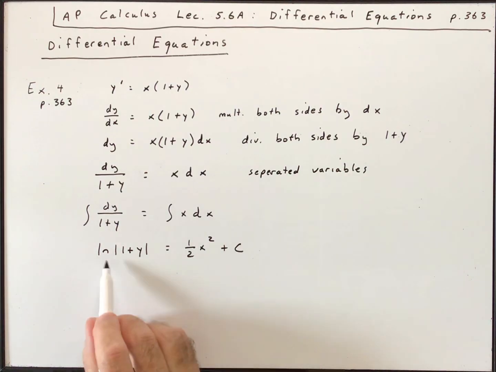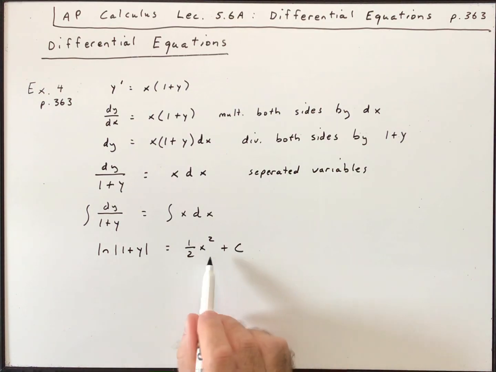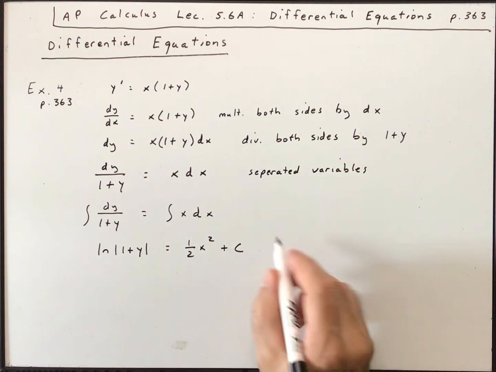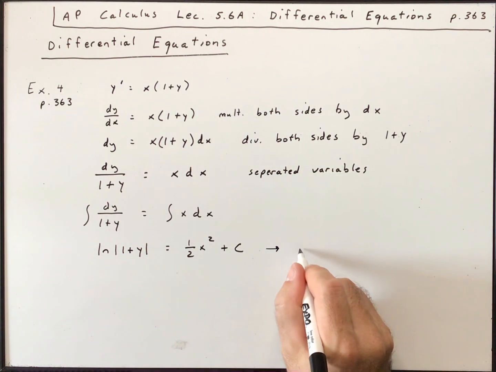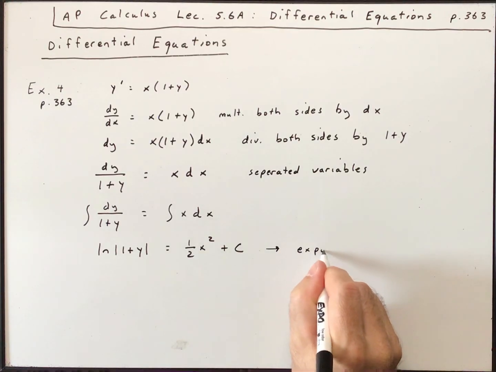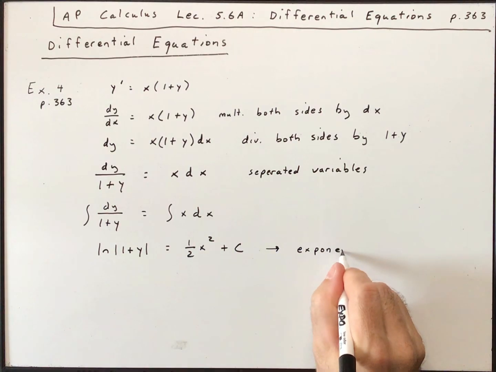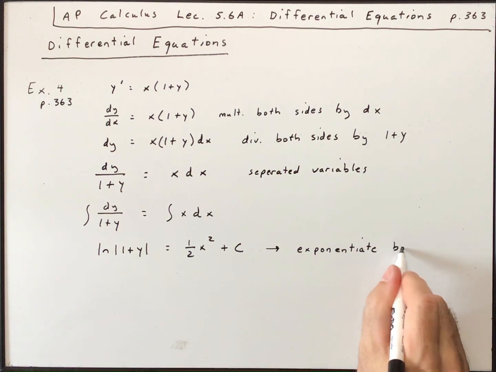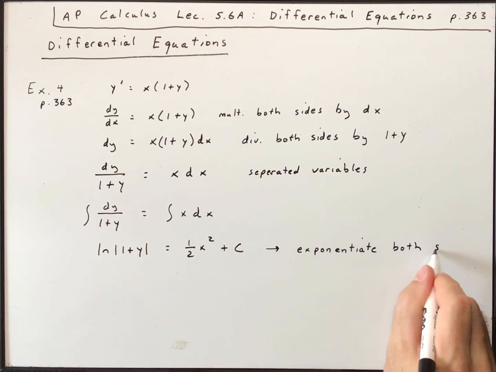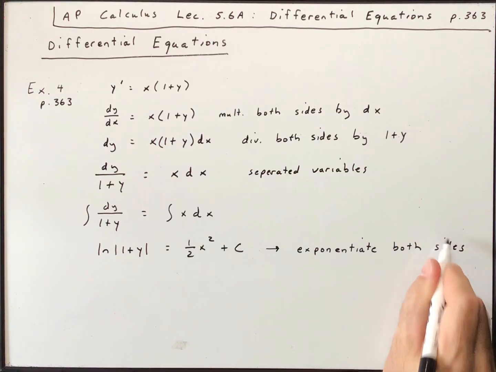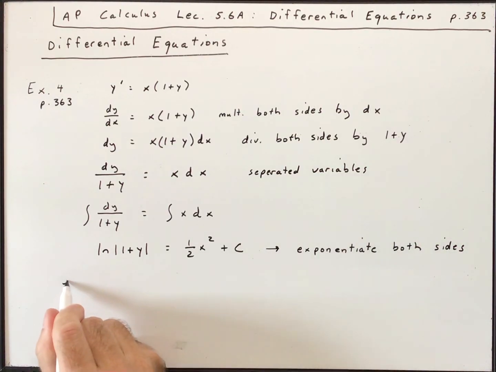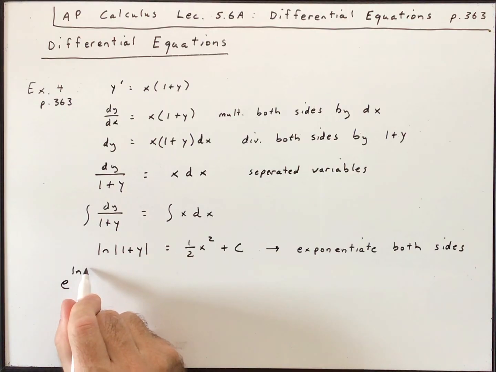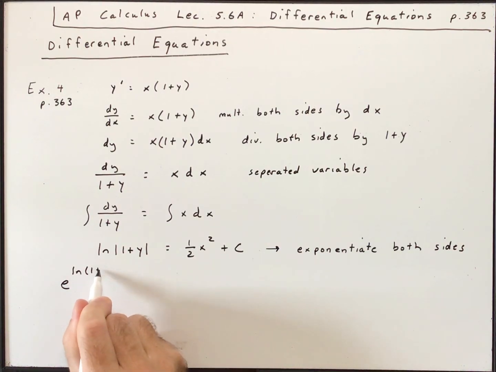Okay, this is still not in terms of y, so we have to get rid of that natural log. In order to get it in terms of y, we want to exponentiate both sides. What does that mean? That means we raise e to the power: e to the natural log of 1 plus y.